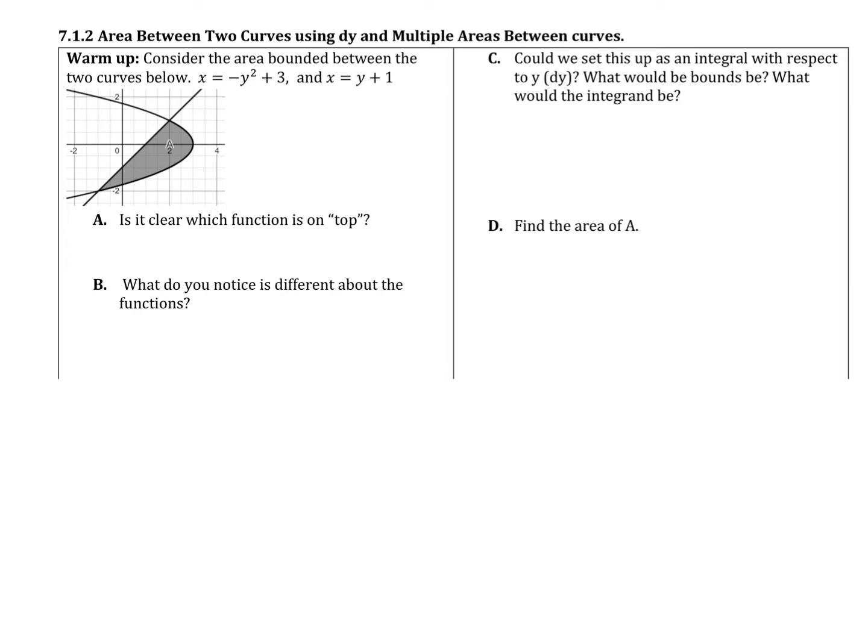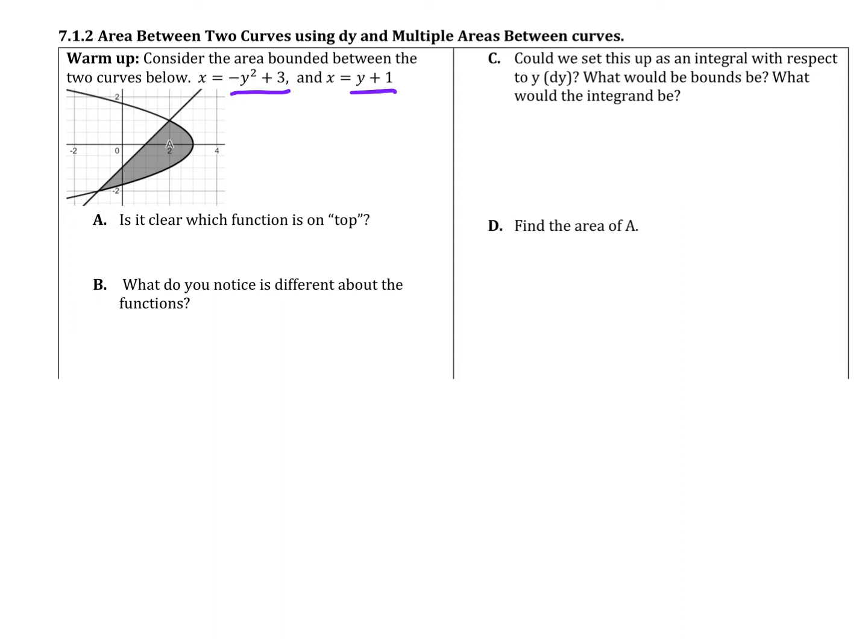If someone asked me where the top of this area is, I would probably point to this point right here, but I don't know if this is the top or if this is the top, and that makes it a little confusing to try and talk about the area from top to bottom. What I want you to do is look at these two equations here.